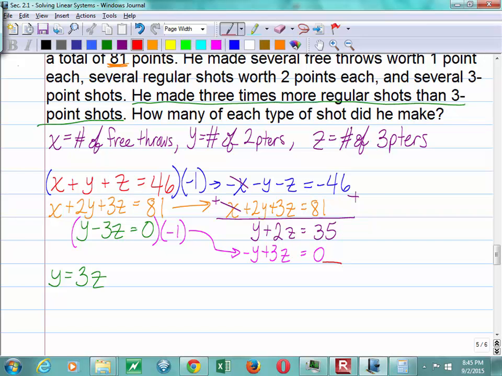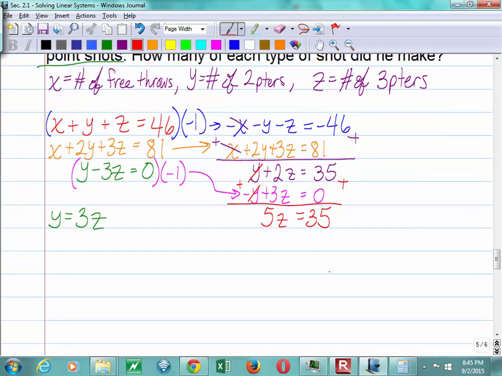And then when I add these two equations together, the y's cancel. 2z plus 3z is 5z, and 35 plus 0 is 35. So 5z equals 35, so just divide both sides by 5, and that gives me z is equal to 7. So now I know he made 7 3-pointers.